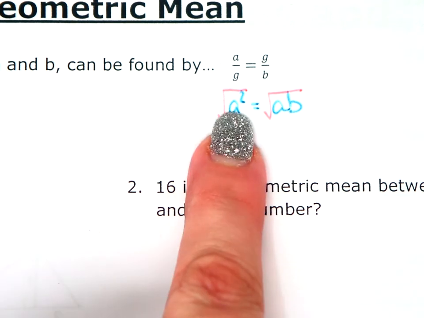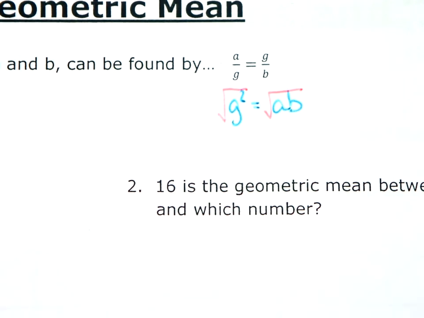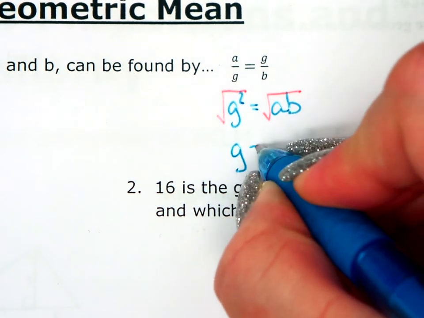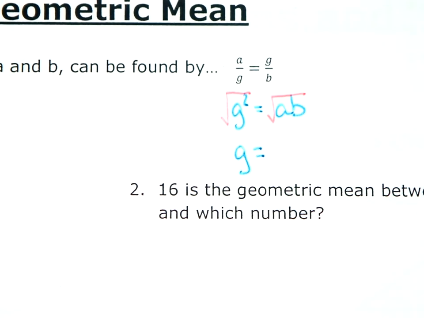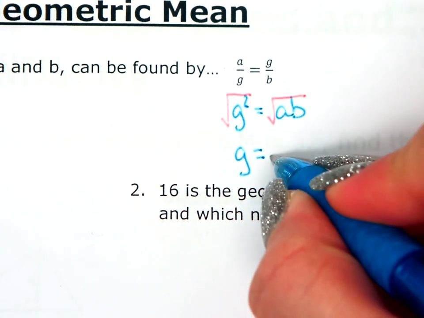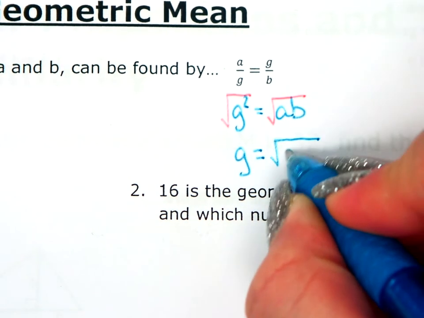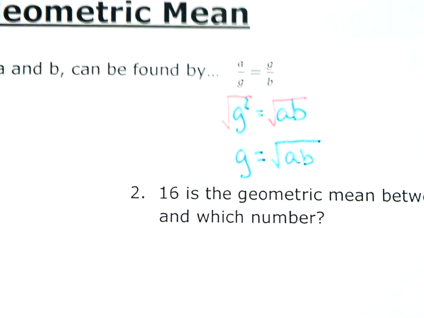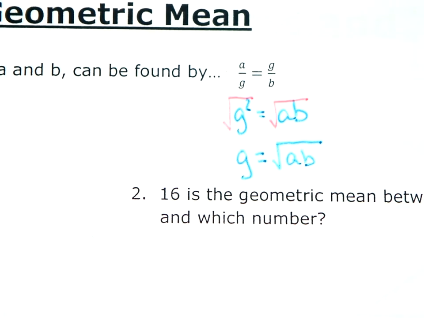So here I've got a square root and a square, so I end up with just G. And when you take the square root, we end up with positive and negative, but in geometry we generally stick to just the positive result. So it's just the square root of whatever that product was to find your geometric mean. Okay?